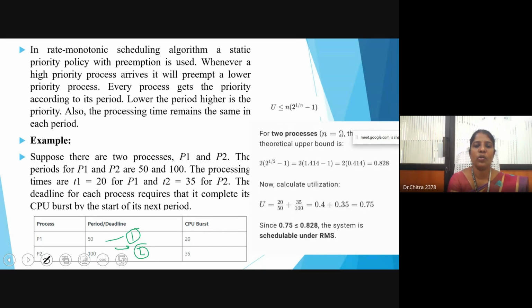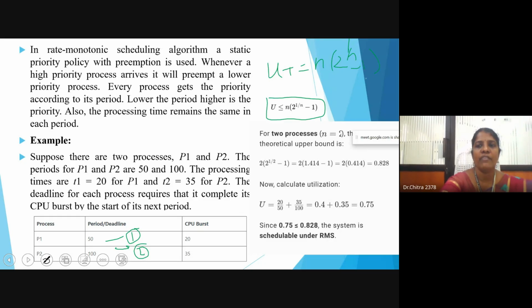The theoretical bound value can be calculated using this formula: U theoretical equals N into 2 power 1 by N minus 1, where N is the number of processes. In this example, there are 2 processes, so N equals 2. So you should calculate the theoretical upper bound by using this formula. If you substitute the values in this formula, you will get the answer equal to 0.828.